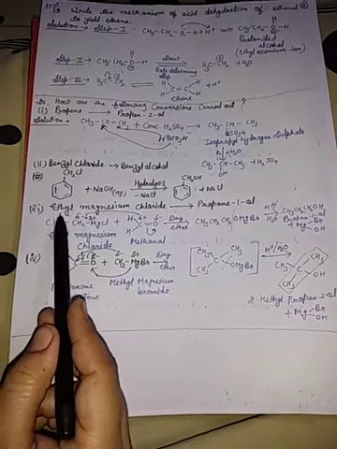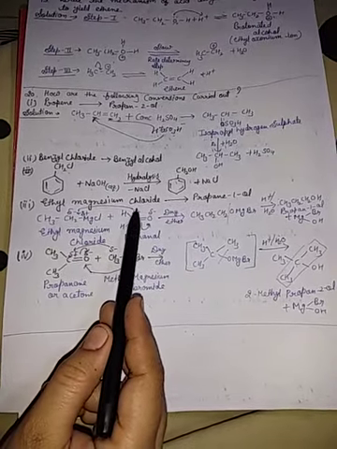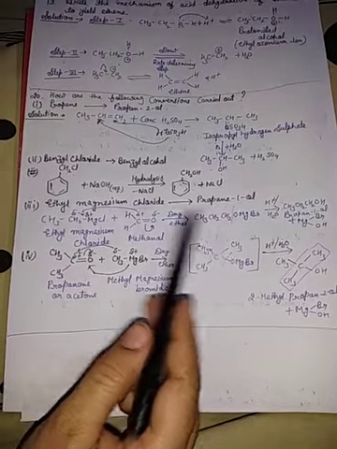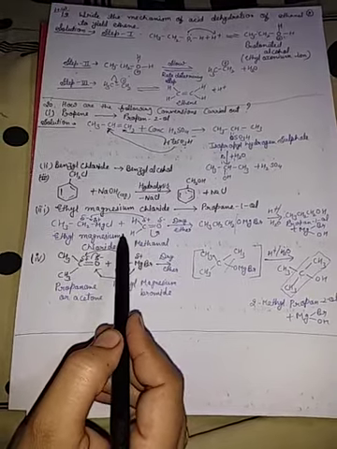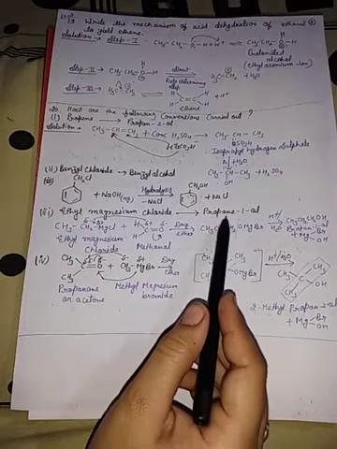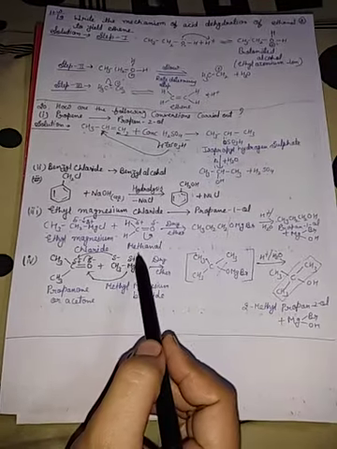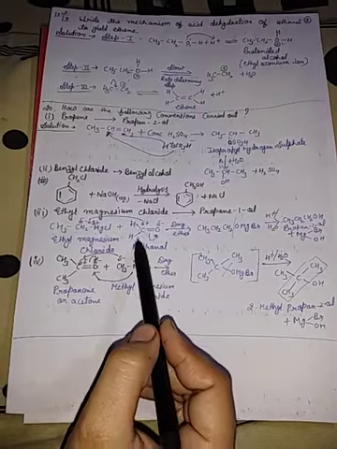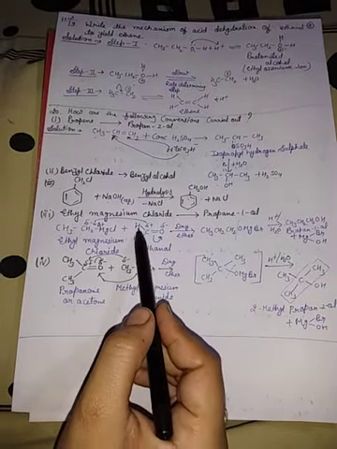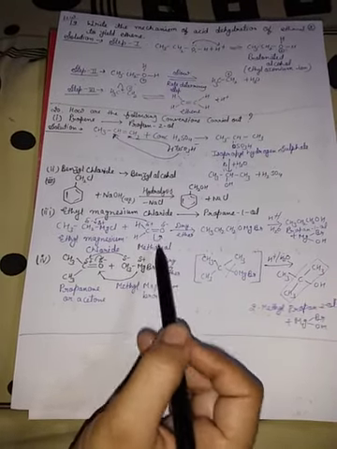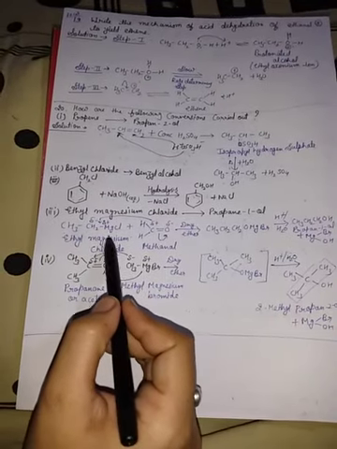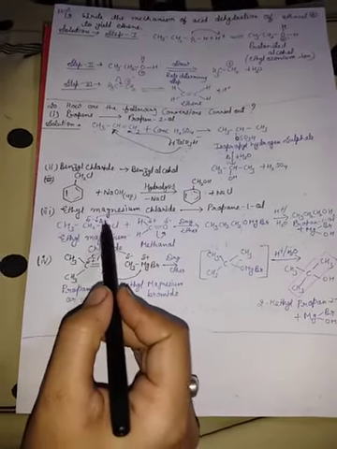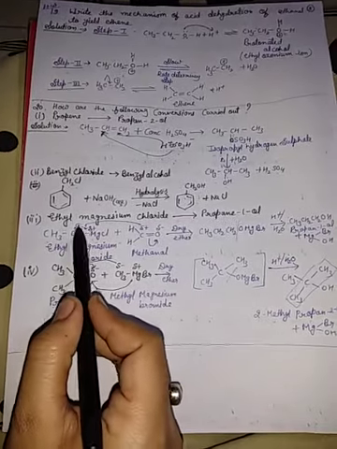Third question is ethyl magnesium chloride converted into propan-1-ol. So ethyl, 2 carbons, magnesium, chloride. We take the aldehyde HCHO, where carbon is delta positive and oxygen is delta negative, and in the alkyl magnesium chloride, magnesium is positive and carbon is negative.